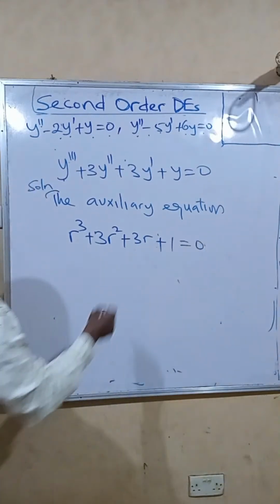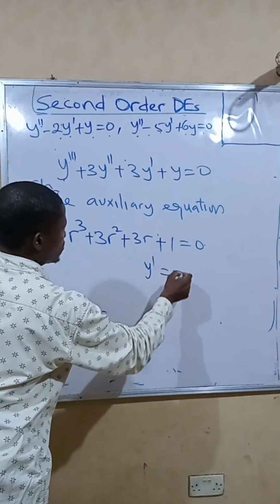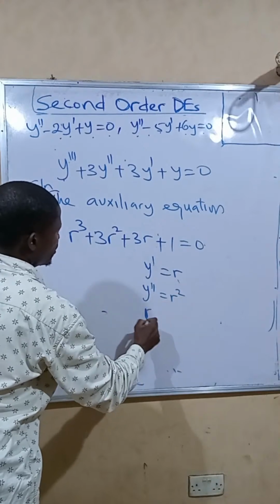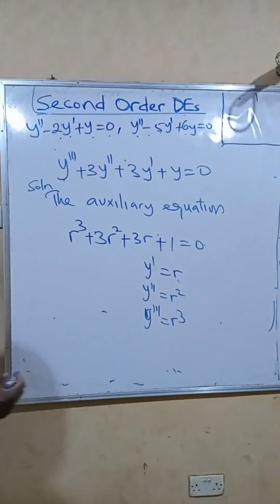I've said that your first differential is r, the second differential is r squared, the third differential is r cube, and so on and so forth.